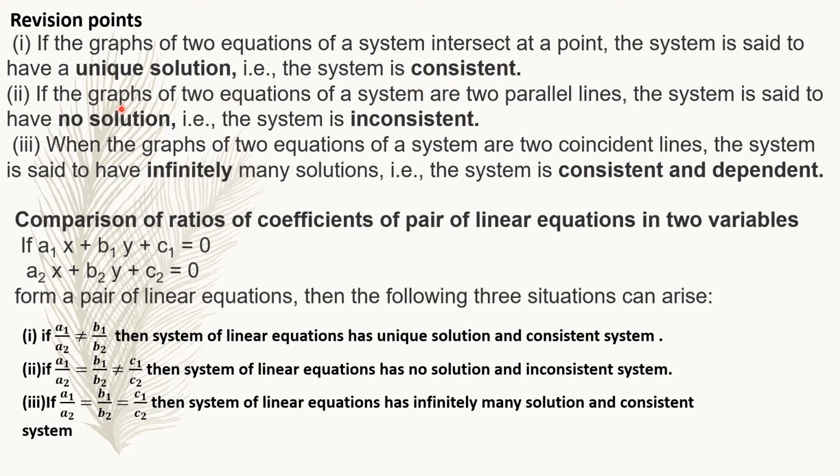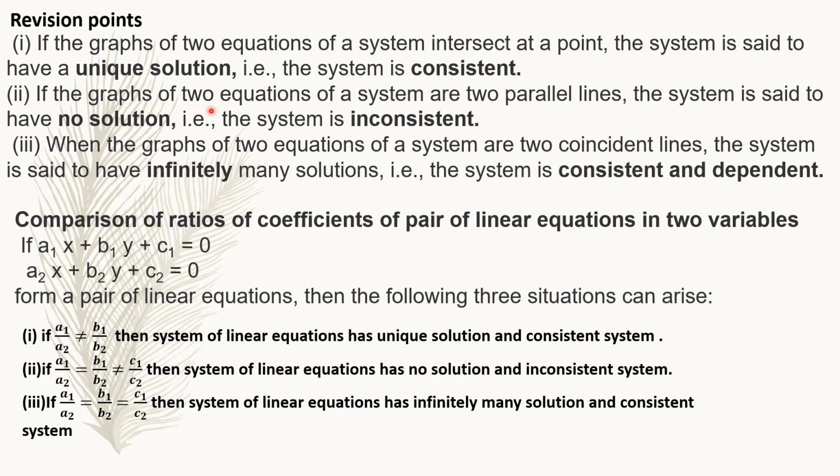Now let us come to the second point. If the graphs of two equations of a system, meaning two straight lines, are two parallel lines, in that case the system is said to have no solution. That is, the system is inconsistent. What does this mean?